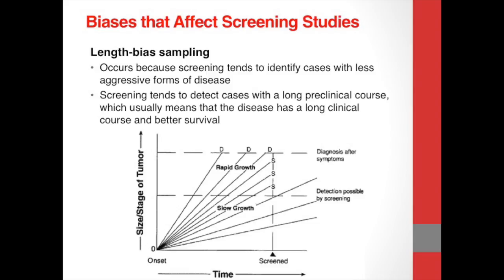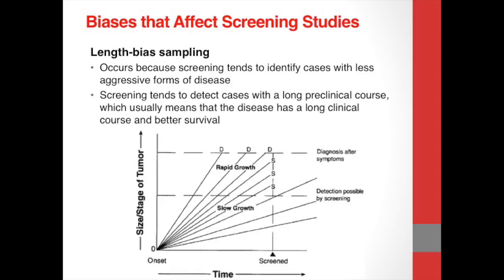In length bias sampling, screening tends to identify cases with less aggressive forms of disease or cases with a long preclinical course, which usually means that the disease has a long clinical course and better survival. In our example, disease onset is set at 0 and each line represents an individual.